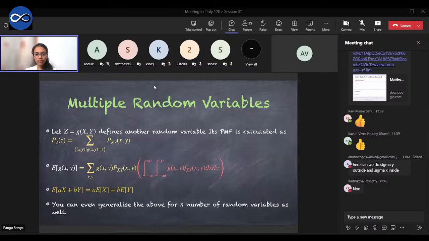You can try yourself. Even this expression E of ax plus by you can generalize for n random variables. If you write E of a1 x1 plus a2 x2 plus a3 x3 and so on, then you can write it as a1 into E of x1 plus a2 into E of x2, and so on. Like that you can generalize for n random variables.